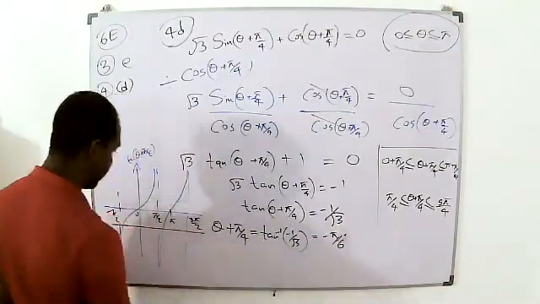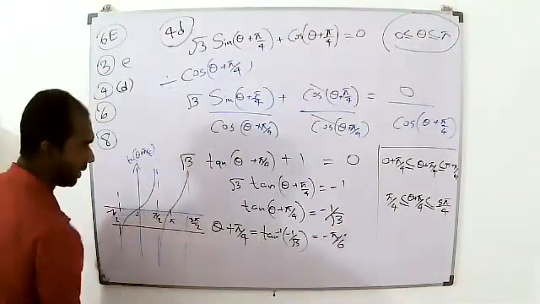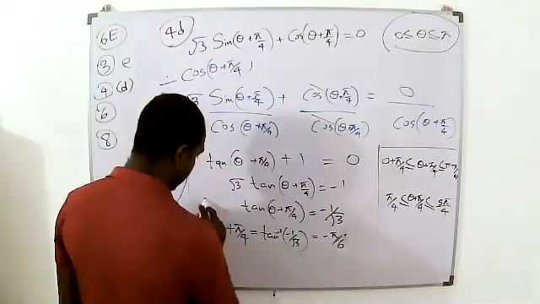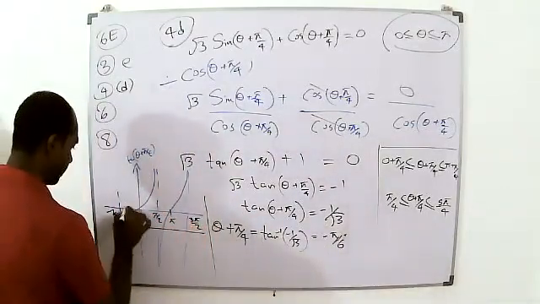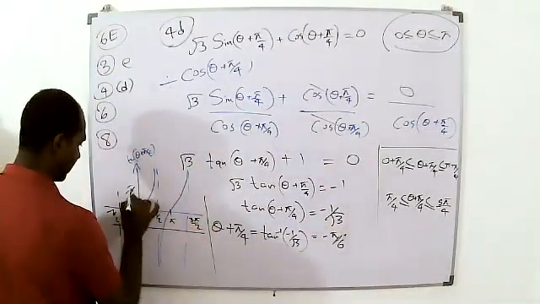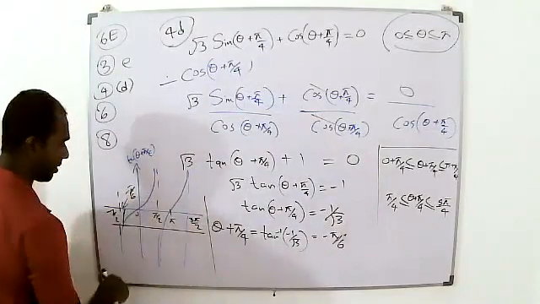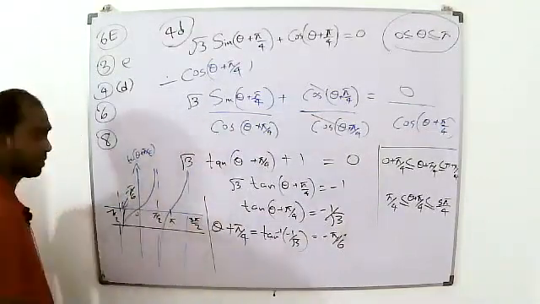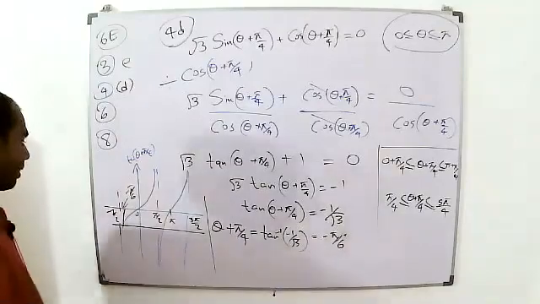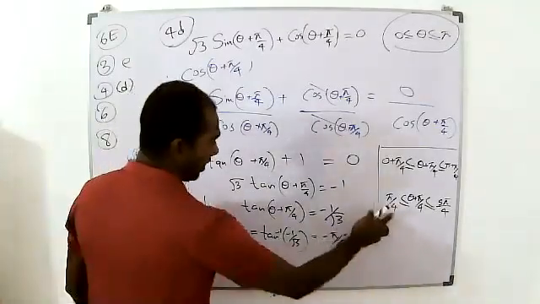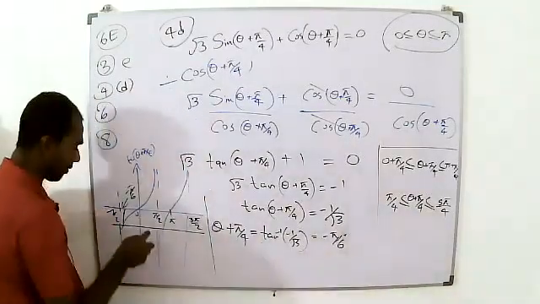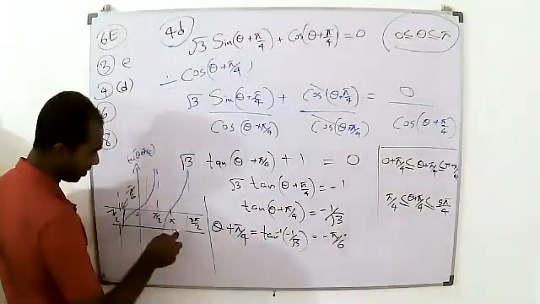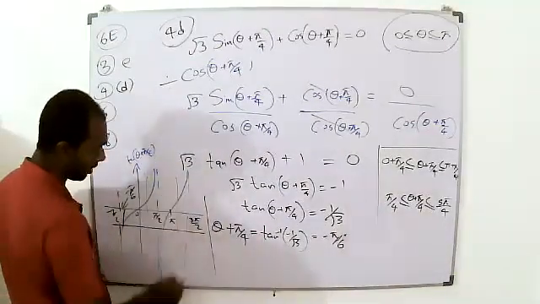What are the values we can take? The value from the calculator we took was minus phi over 6. This value was how much? Minus phi over 6. Actually, you can think of this as minus 30 degrees as well. Okay, minus phi over 6 is the value we got. But our range is in this, what? Phi over 4 and 5 phi over 4. Phi over 4 means like here to somewhere here.